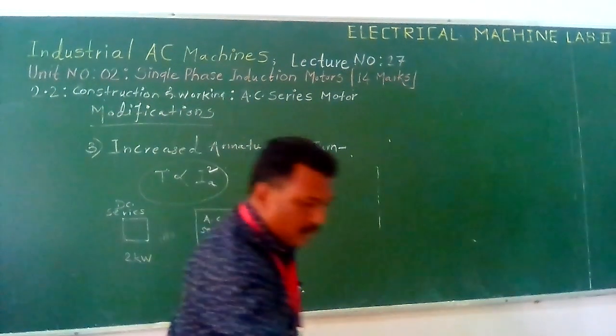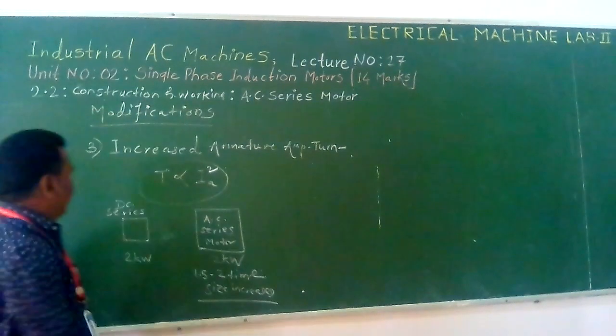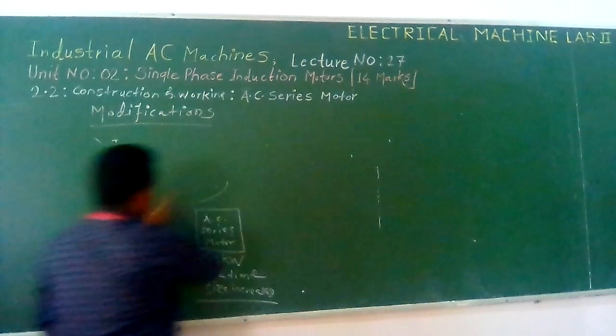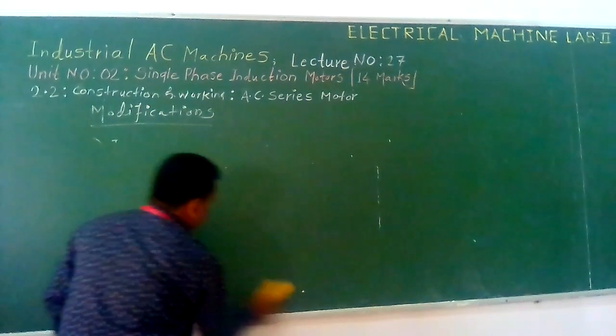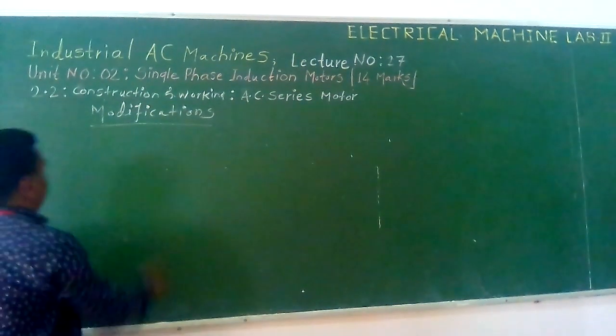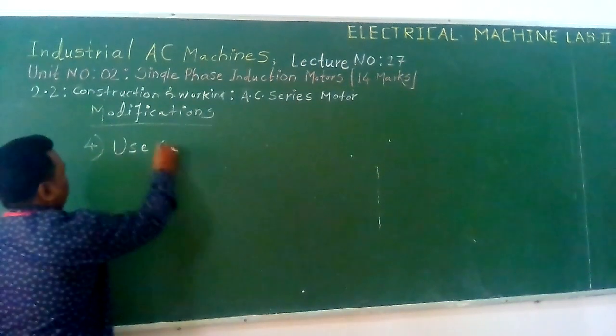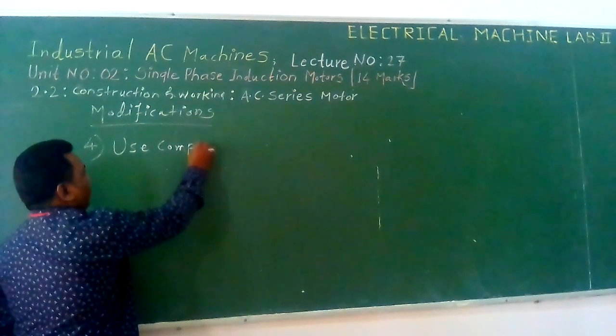Now the fourth type of modification is to use a compensating winding.